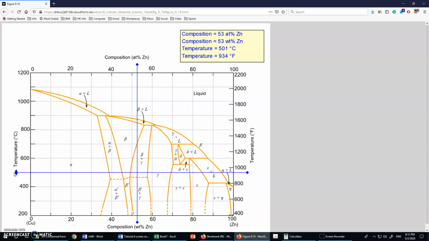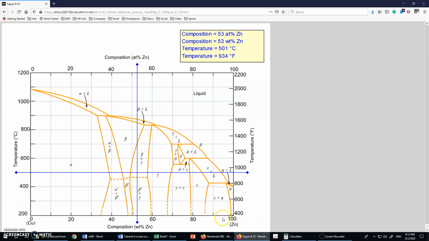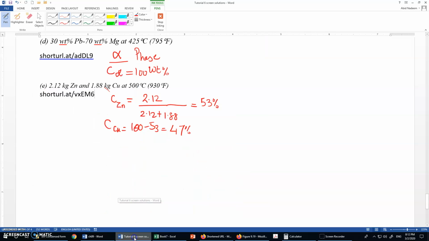This is the temperature. So we are here. Which region are we in? The beta plus gamma region.